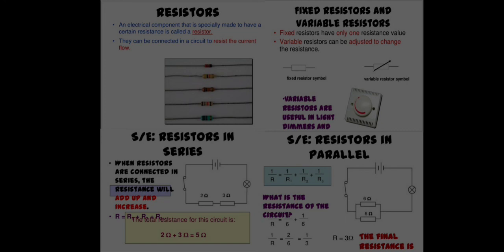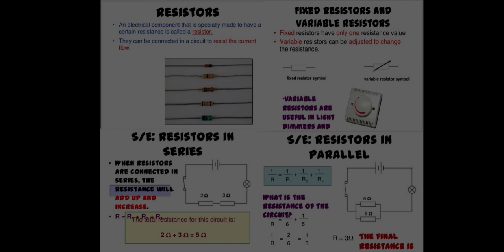Understood. And on the other hand, for resistors in parallel circuits, you can see there are also two resistors, but they are connected in parallel, so the total resistance is less. Whenever resistors are connected in series, the formula is R equals R1 plus R2 plus R3, and so on. Here R1 is 2 ohm and R2 is 3 ohm.